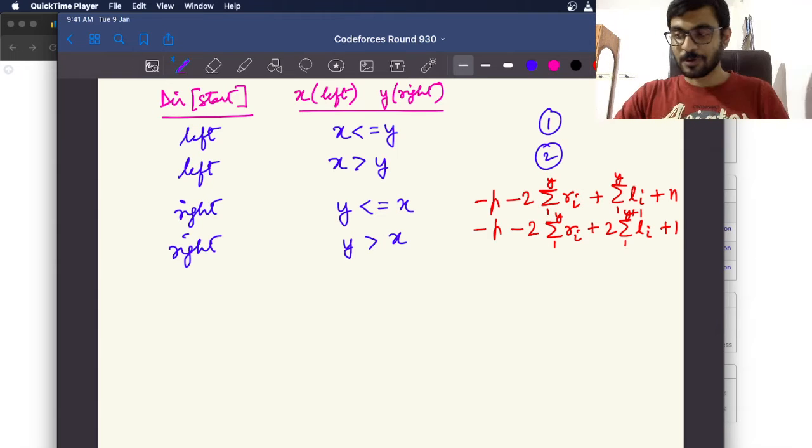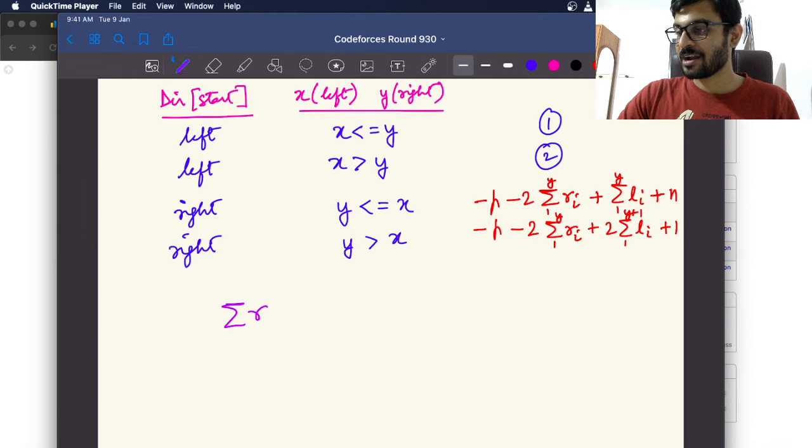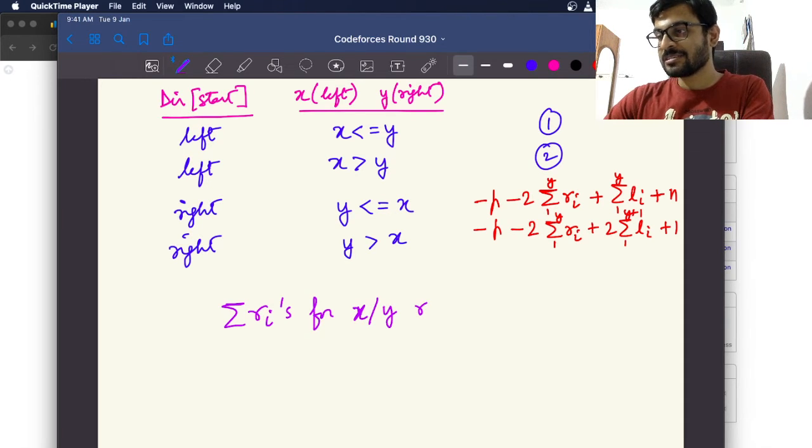So I basically want to know the summation of Ri for some given number, some x or y number of Ri, just before the starting index.